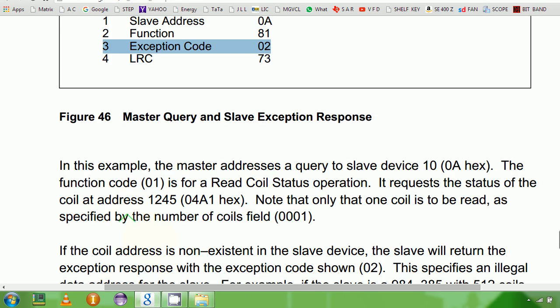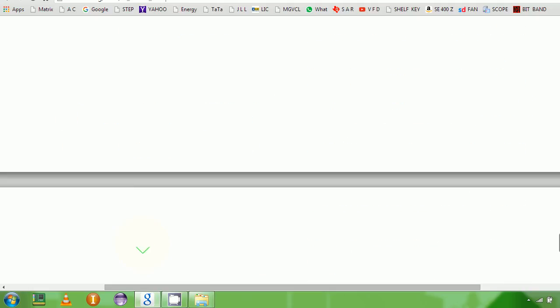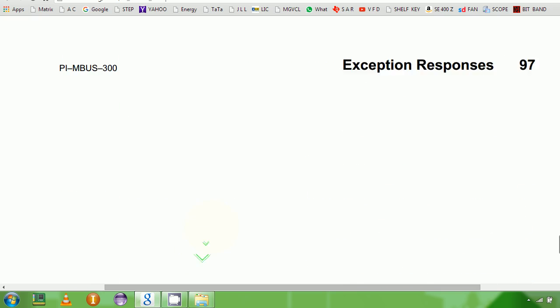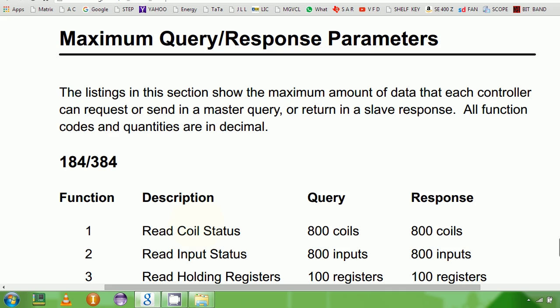You probably asked for a memory address that did not exist. So this is a bird's eye view of the Modbus protocol.